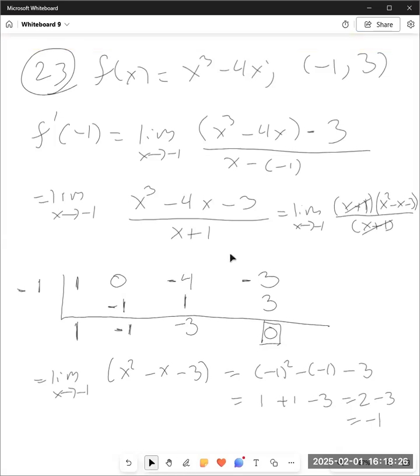One more problem for this video. We have f of x is equal to 2 root x, and the point given to us is (4, 4). So we want to find f prime of 4.